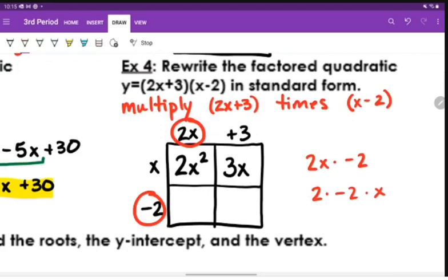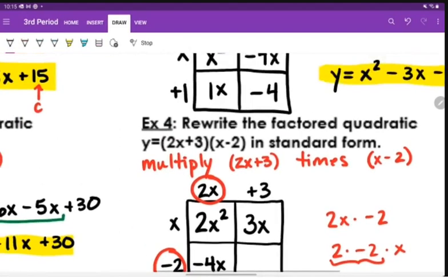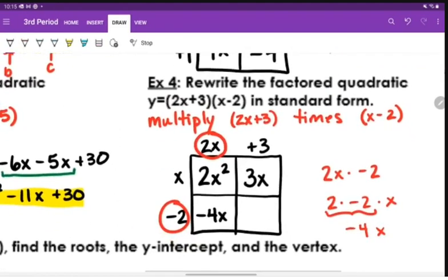We can put them in a different order. And it's the 2 times the negative 2 that will combine. The x just kind of hangs out there by itself because it doesn't have anything to combine with. So we end up with negative 4x in the bottom left. And finally, on the bottom right, we have 3 times negative 2, which will give us a negative 6.